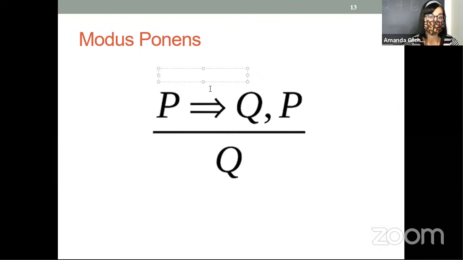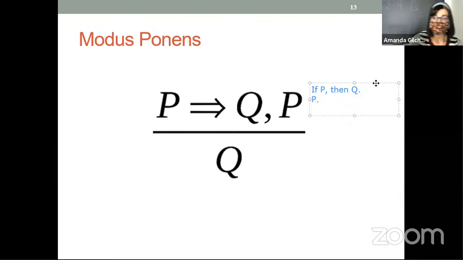Here's what it basically means. If P, then Q. That's what the first part of the argument means. This little P arrow Q means if P, then Q. So that's the first statement of the argument. Then P, and then this little line with the Q underneath, the little line means therefore, Q.